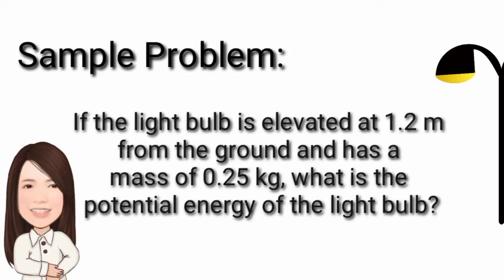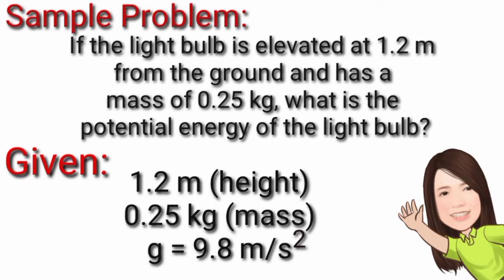If the light bulb is elevated at 1.2 meters from the ground and has a mass of 0.25 kilogram, what is the potential energy of the light bulb? Given: 1.2 meters height, 0.25 kilogram mass. Acceleration due to gravity is constant, which is 9.8 meters per second squared.